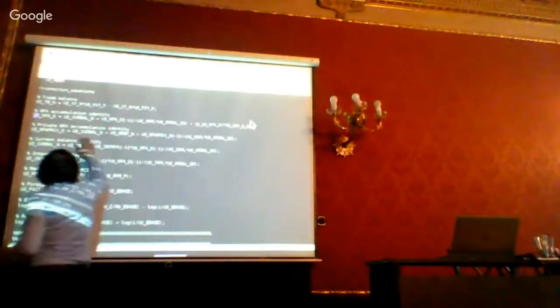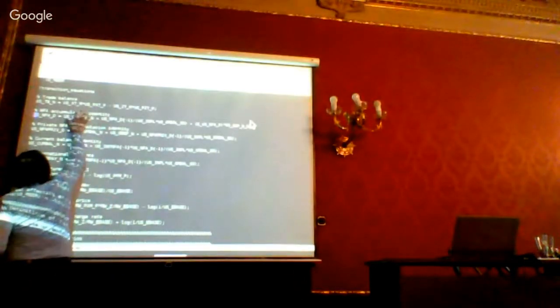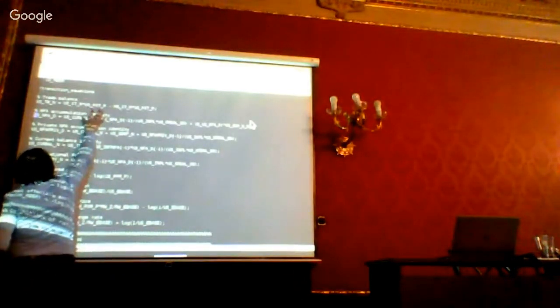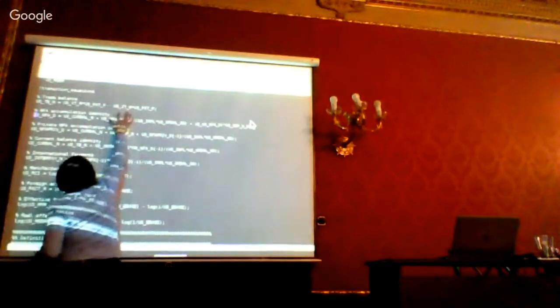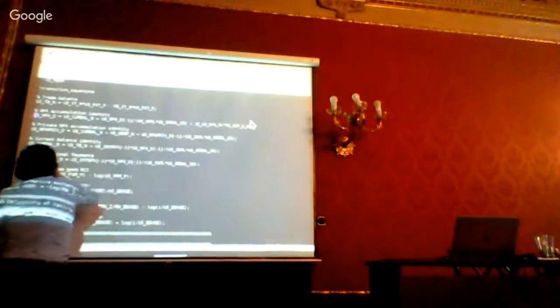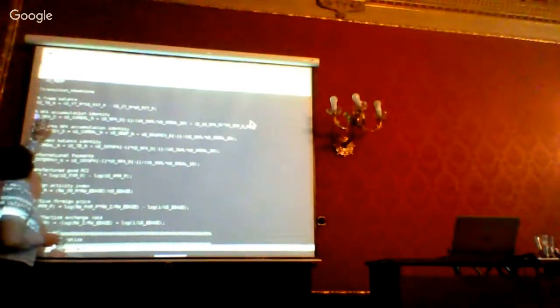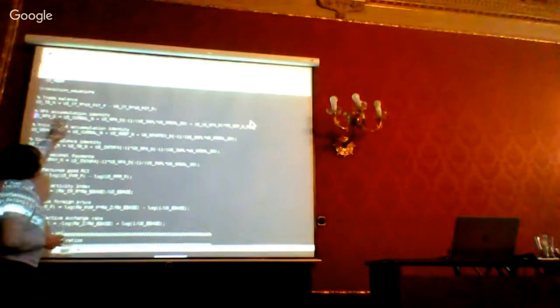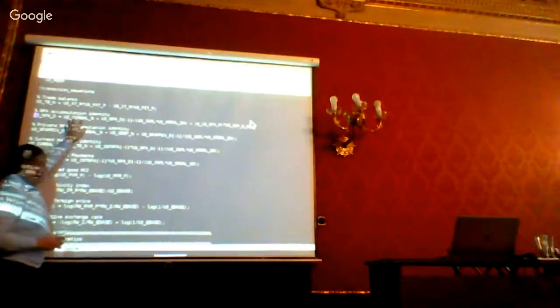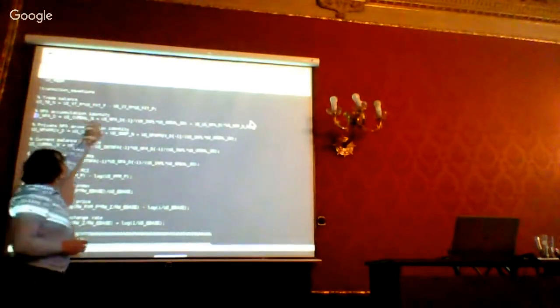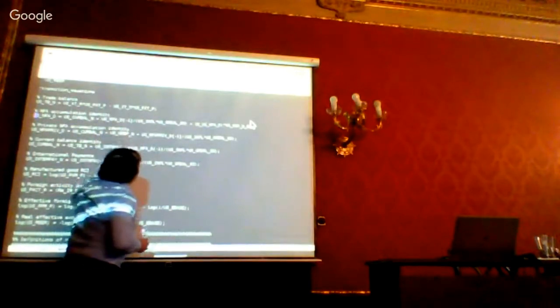Balance: the exports, so this is real exports times the deflator minus real imports times the deflator. NFA, net foreign assets, okay, it is the current account balance, so surplus plus net foreign assets before.